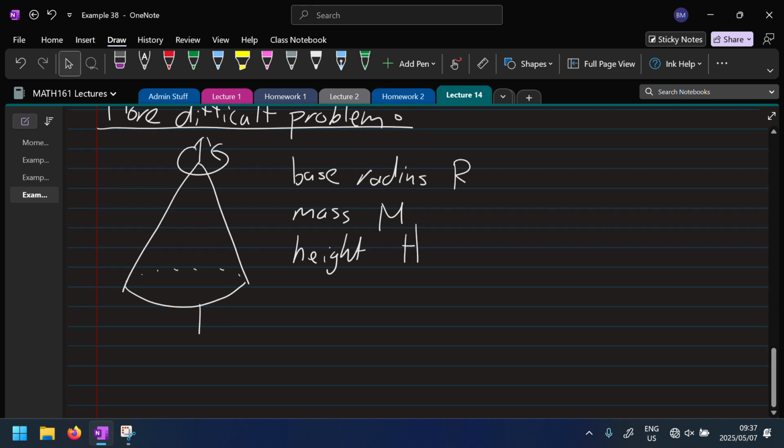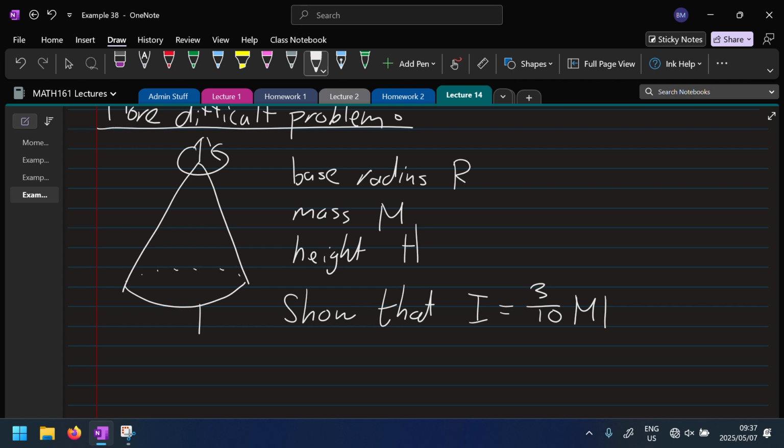Height h. Show that I is equal to 3 over 10 m r squared. So we want to find the moment of inertia for this.